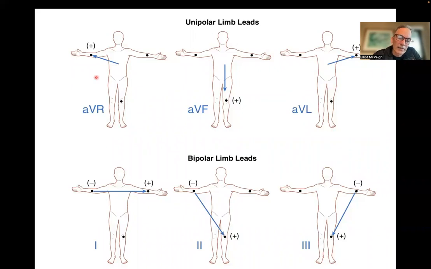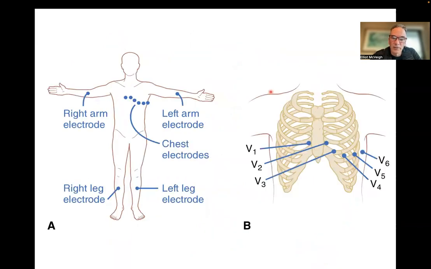And then you can mathematically make a ground, say, or a zero point in the center of the chest by just algebraically looking at these three voltages and measuring the difference between that mean and the right arm, that mean and the left leg, and that mean and the left arm. So this produces a nice map of voltage differences that cardiologists get used to looking at.